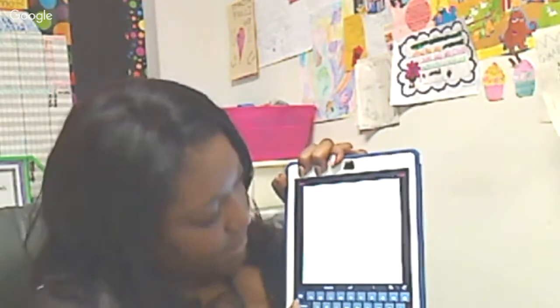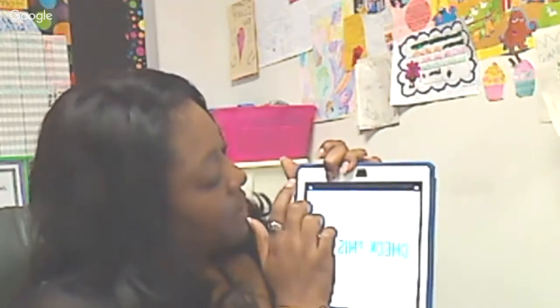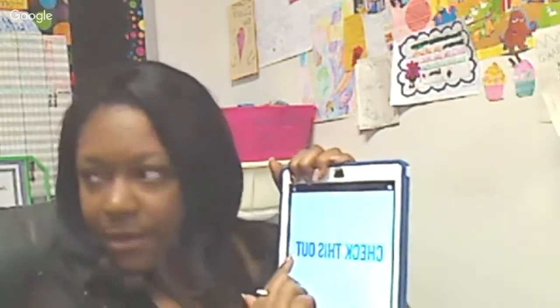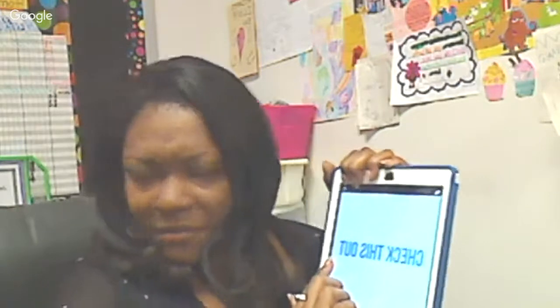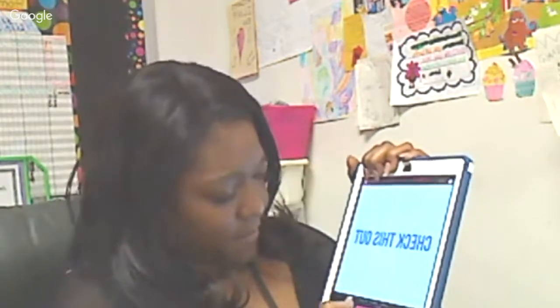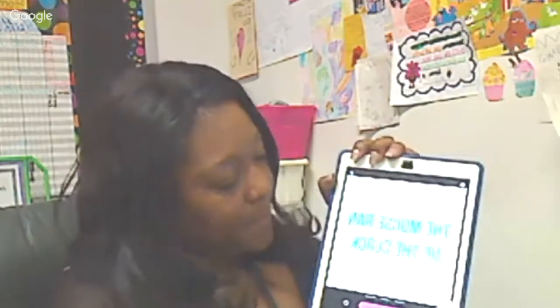Let's see if that's going to save it. Let's go apply. I don't know why it's not coming off, because it always comes off, every one that I've done. All right, so I'm just going to say the mouse ran up the clock. Okay, the mouse ran up the clock.